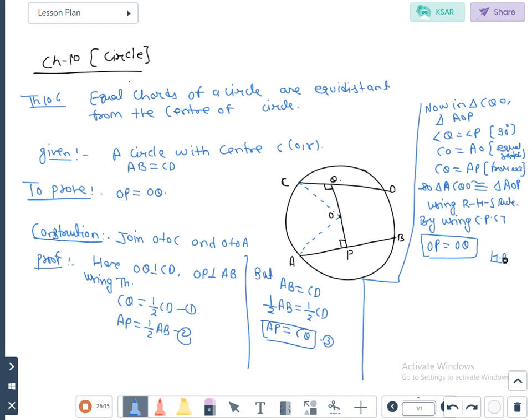Now next we will discuss theorem number 10.7. Theorem 10.7 is the converse of theorem 10.6.